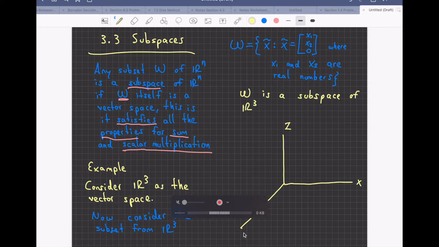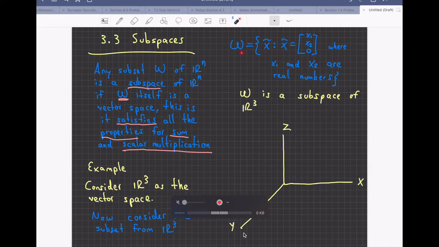In this case, I think we have x1 and x2, but it's okay if I use x, y, and z. So notice this, all the points that you can find here are elements, or they can be related to one vector from R3. So we can say graphically that R3 is the three-dimensional space.